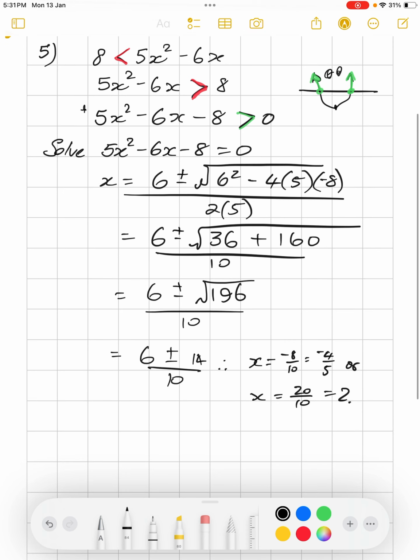Let's draw this graph, put the y-axis, and put negative 1, negative 2, negative 3. And this is 0, 1, 2, 3. So there's the x-axis.